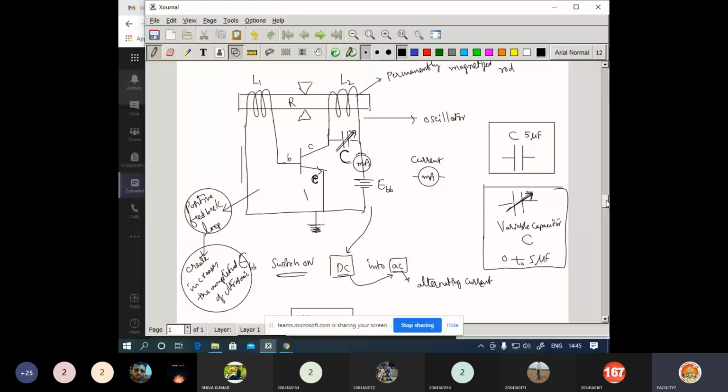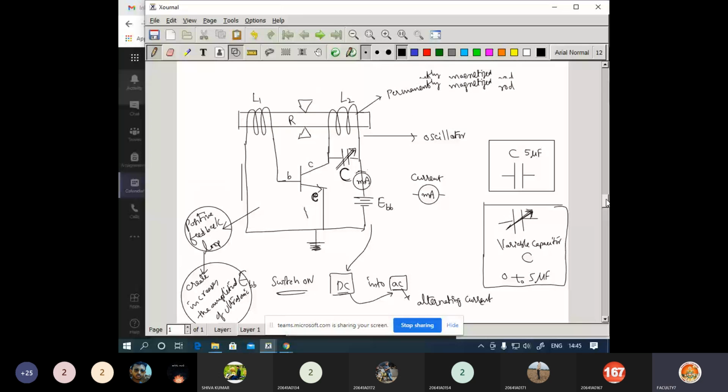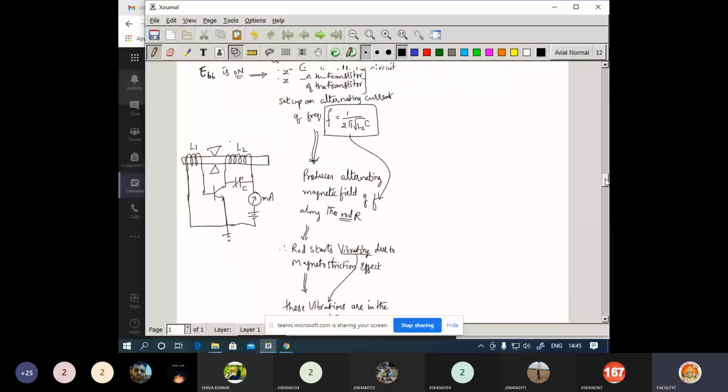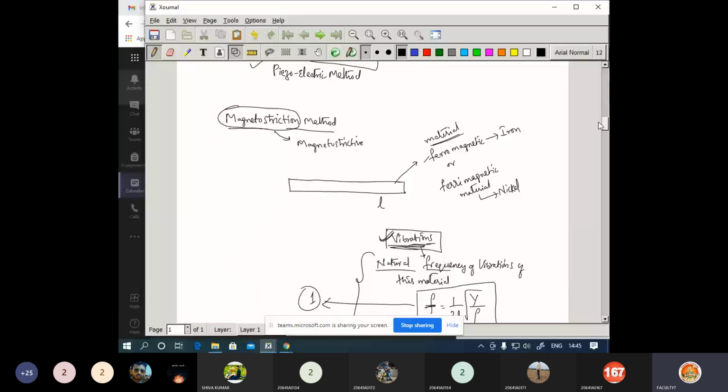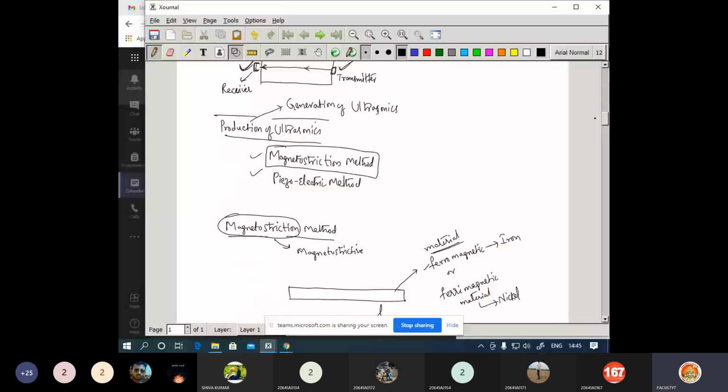Let us repeat the important points here. We started with the generation or production of ultrasonics. We have two different methods: the magnetostriction method, and the second method, the piezoelectric method. We are referring to the magnetostriction method. What does magnetostriction actually mean?